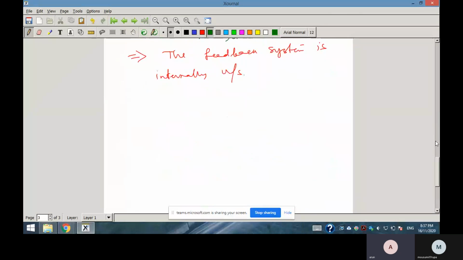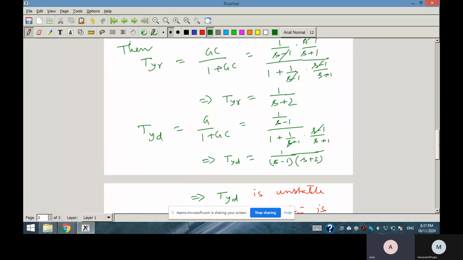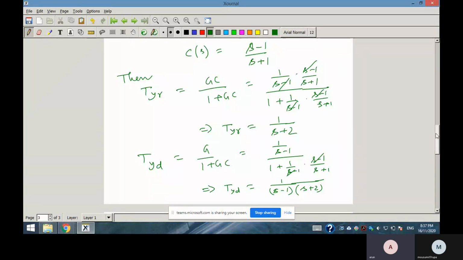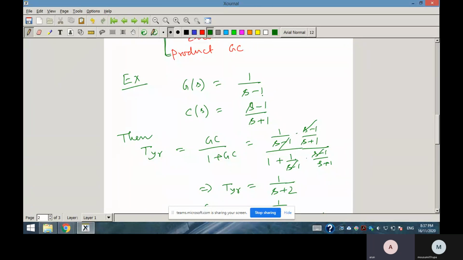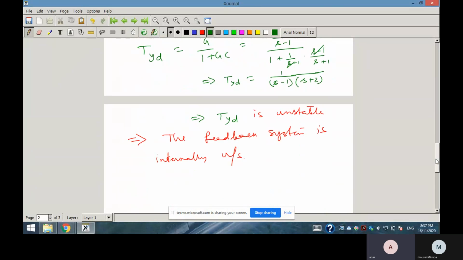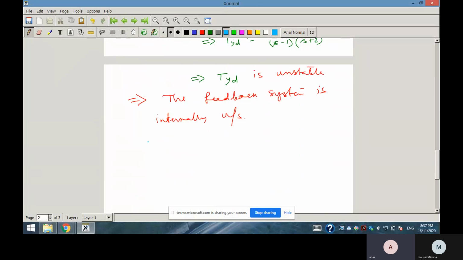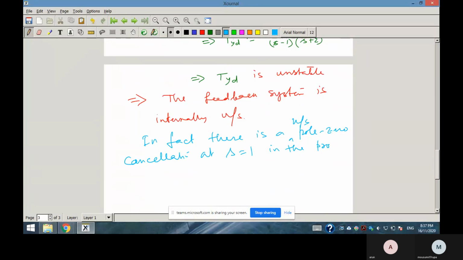There is a pole zero cancellation in the product G and C. So s minus 1 will get cancelled. In fact, there is an unstable pole zero cancellation at s equal to 1 in the product GC.